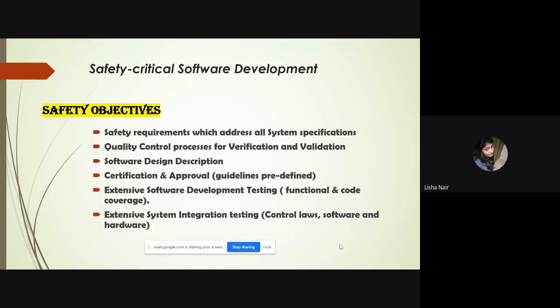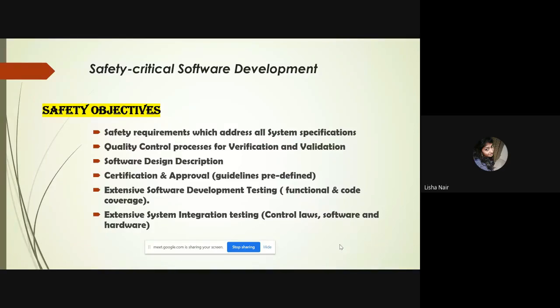We call it unit testing. We do the unit testing and all the functional testing or module level testing in the software development phase. Once the development is done, we do an extensive integration testing. So that is once you bring in the whole system, the hardware and software are all merged together.